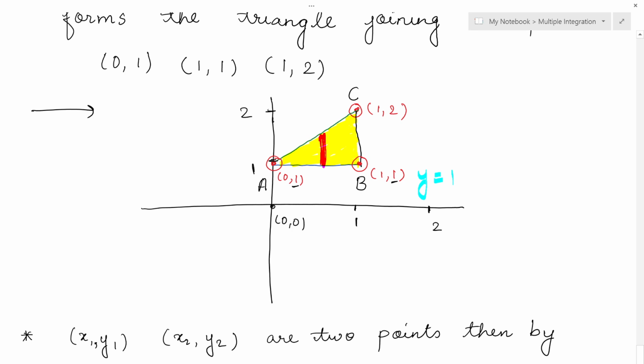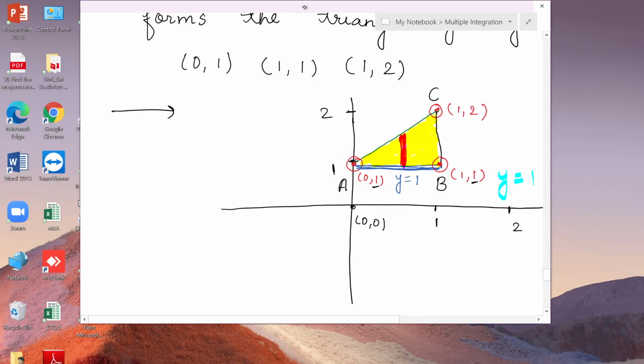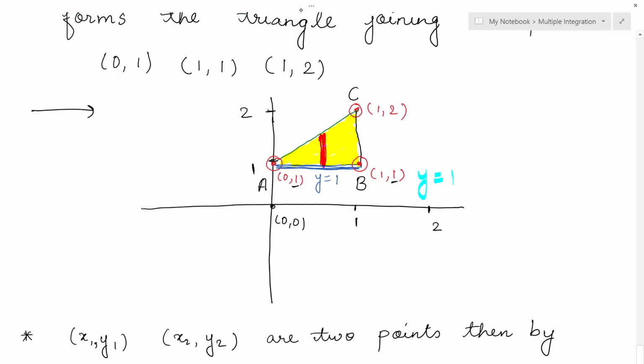Okay, so this line, I'll darken it, which is touching, this line is y is equal to 1, clearly. And the other line, let me show that by another color. This line is what I found out right now, y is equal to x plus 1.